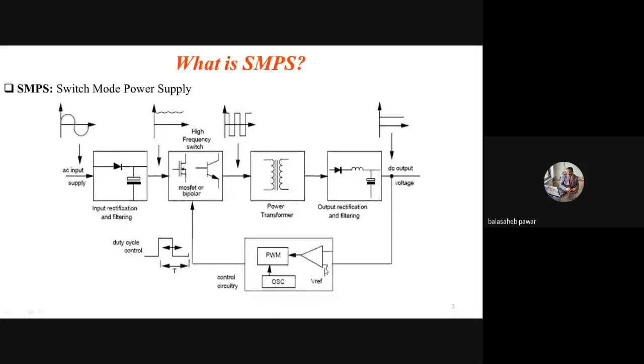One terminal of the comparator is given the reference voltage, which remains fixed. But the feedback voltage given to the other input terminal of the comparator decides its output voltage level. And that output voltage level changes the output of this PWM. How it changes the output of the PWM, I will explain during our practical session.